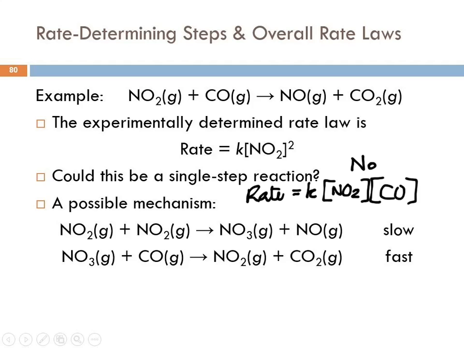So here's a possible mechanism. NO2 reacts with NO2 and forms NO3 and NO. And that NO3 reacts with CO and forms NO2 and CO2. This is the slow step and this is a fast step. What do these add up to? Yeah, it adds up to the top one, right? Thank goodness.